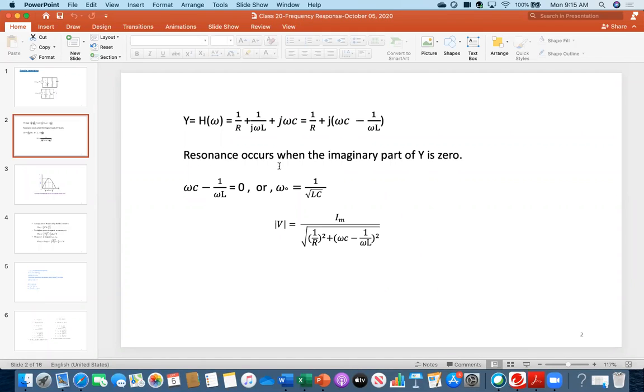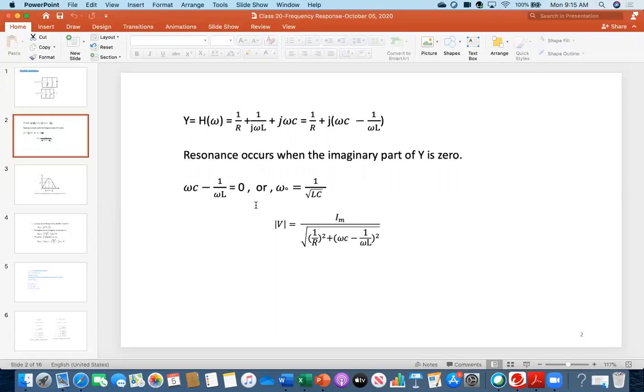We said that resonance occurred when the imaginary part was zero. Today we reach the same conclusion: resonance occurs when the imaginary part of Y is zero. This is the admittance expression. If this portion becomes zero, only then will resonance occur.